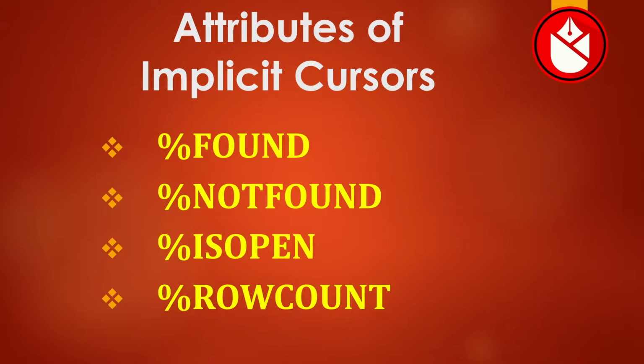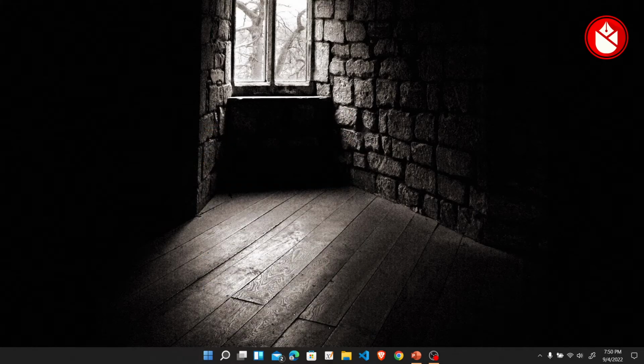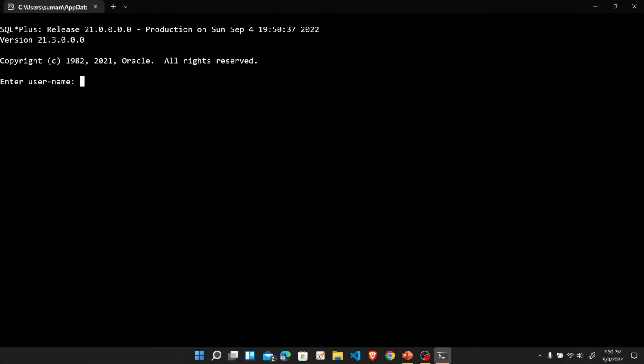Let us check all these through SQL*Plus as a hands-on practical. So open SQL*Plus at first. At first, we have to connect to the Oracle database, and for that, we provide the username as system and the password, as you know throughout the video series, is password.